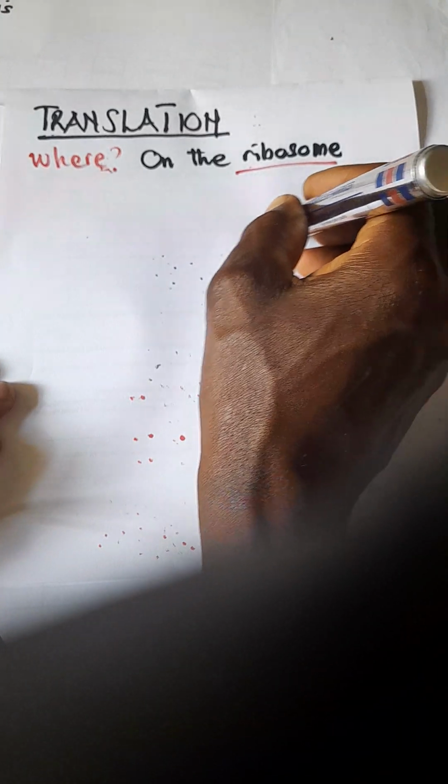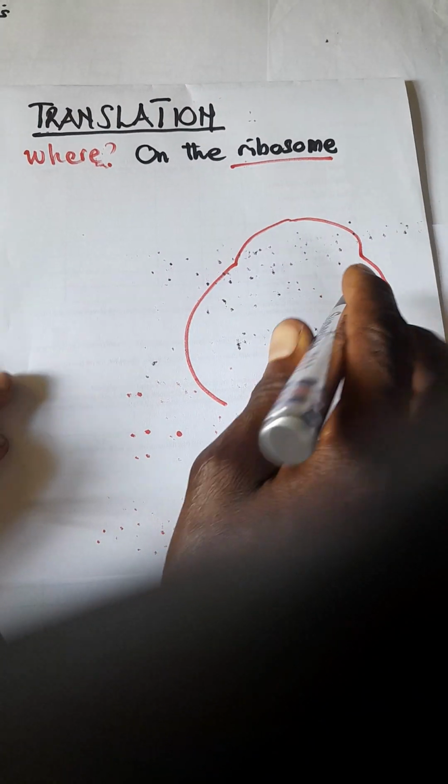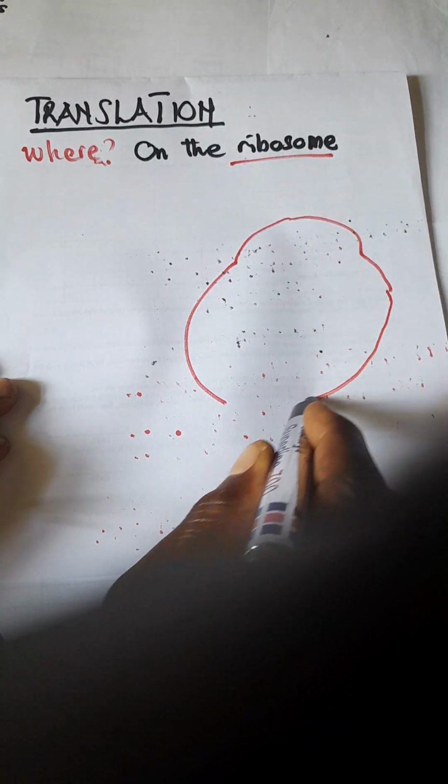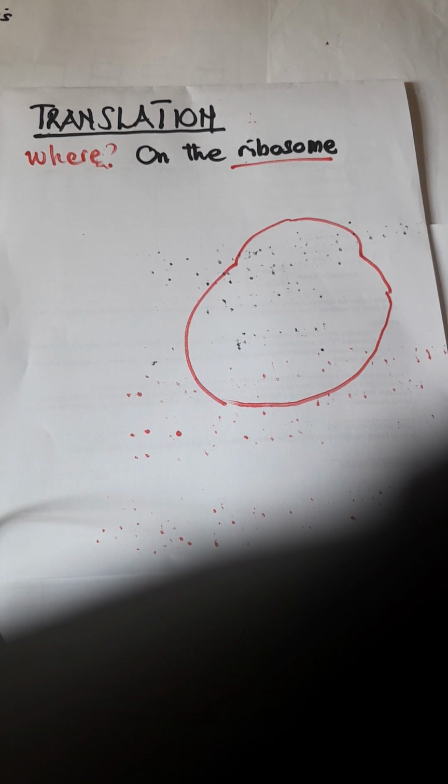Now, let's look at this here. I will take it that what I'm drawing is the ribosome. This is my ribosome. In fact, there are so many of these structures within the cytoplasm. If you can remember the mRNA that was formed in the nucleus, it left the nucleus.